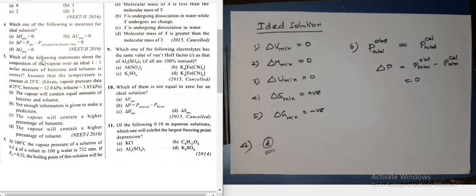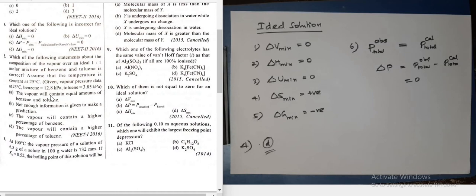I repeat, which of the following statements about the composition of the vapor over an ideal 1:1 molar mixture of benzene and toluene is correct? Assume that the temperature is 25 degrees Celsius. Given vapor pressure data at 25 degrees Celsius, for benzene it is 12.8 kilopascal and for toluene it is 3.85 kilopascal. Okay, we need to find out the correct option from this.